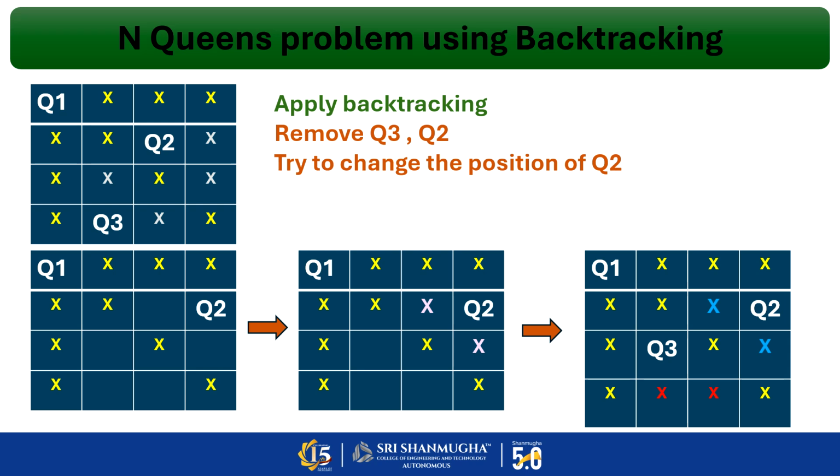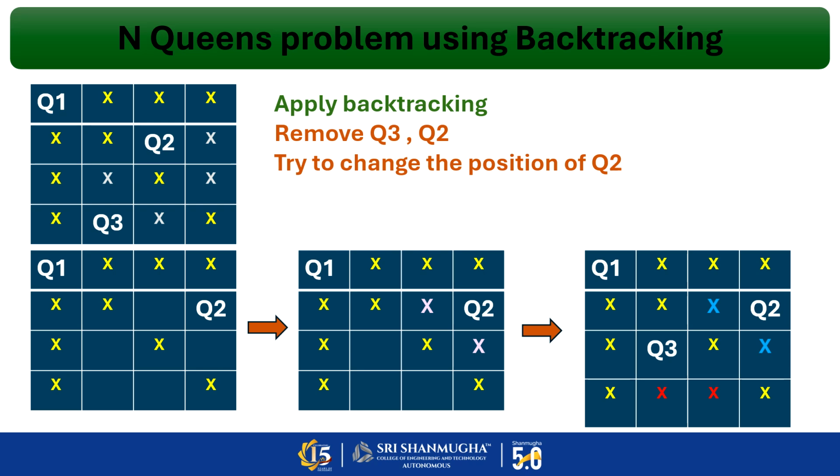Because what is our intention? Each queen should be placed row wise. Queen 1 first row, queen 2 second row, queen 3 third row and queen 4 fourth row. So I am getting a safe place for queen 3, and I am planning to place it in the third row. So this is what I did in the third diagram, that is the third picture, third table.